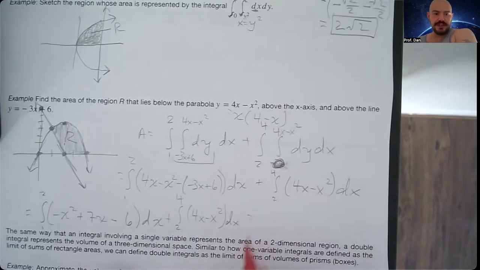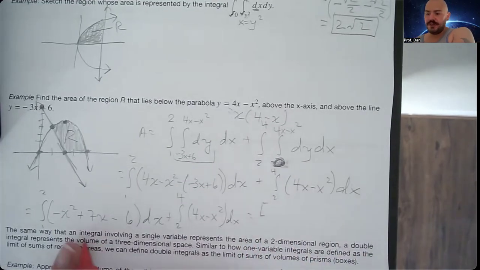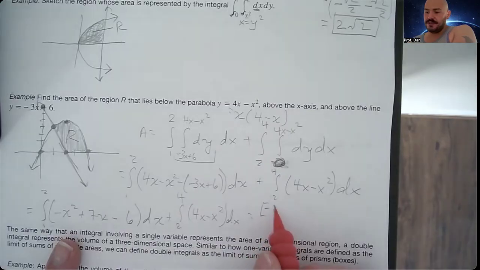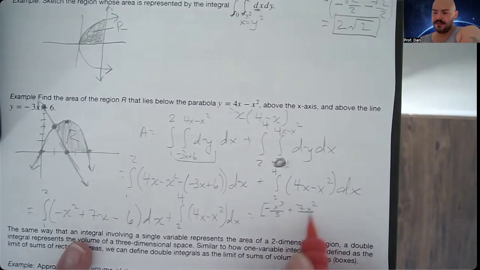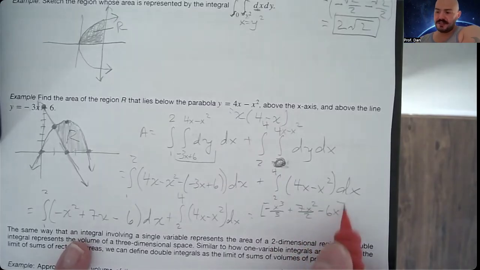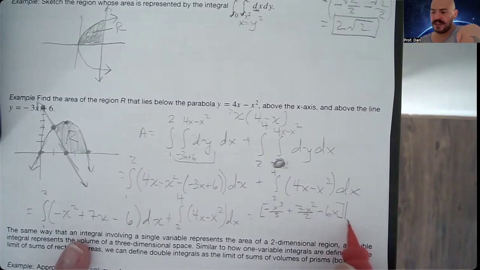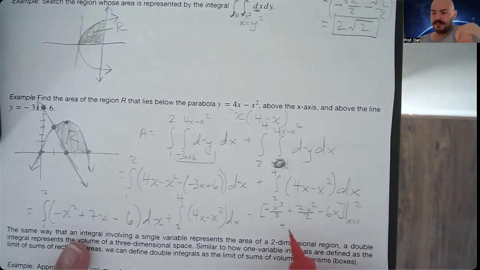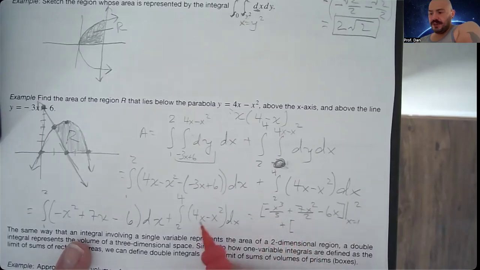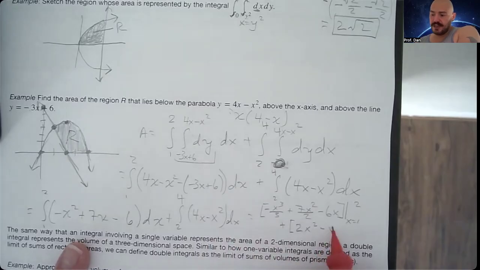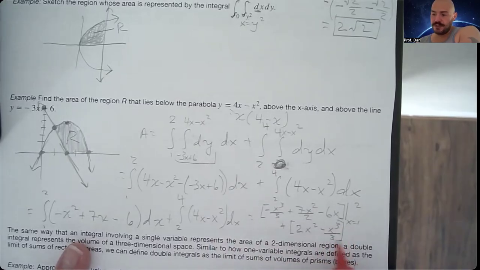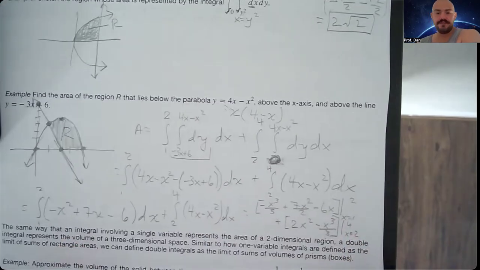So now if I evaluate my antiderivatives, for the first part, we'll get negative x cubed over 3 plus 7x squared over 2 minus 6x. We're evaluating from x equals 1 to 2. For the other part, we get 4x squared over 2, also known as just 2x squared, minus x to the third over 3, and we're going to evaluate that from x equals 2 to x equals 4.